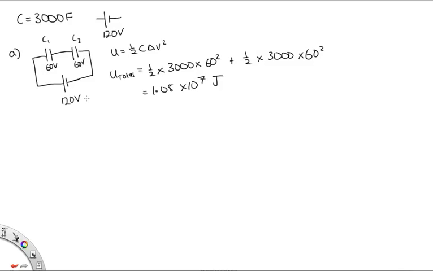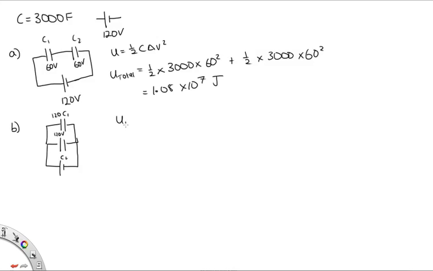Now part B of the question says calculate the total energy stored in both capacitors if they are connected in parallel across the battery. So here we've got C1, here we've got C2, and here we've got our battery. So our voltage difference across both of these is now 120 volts.